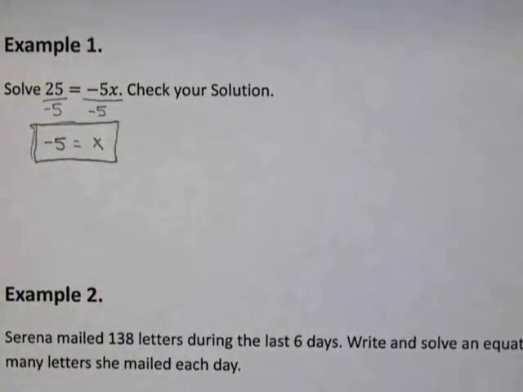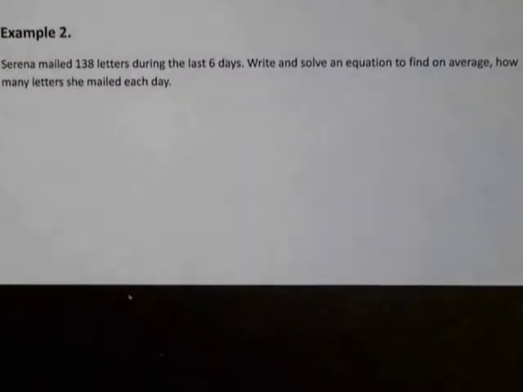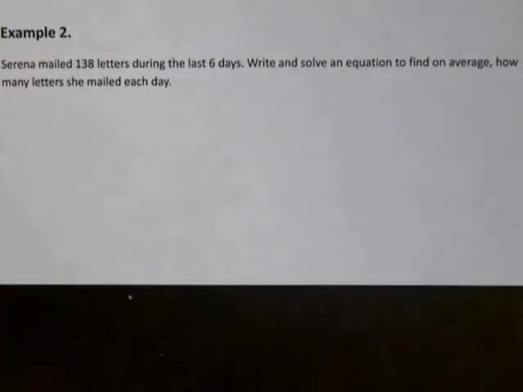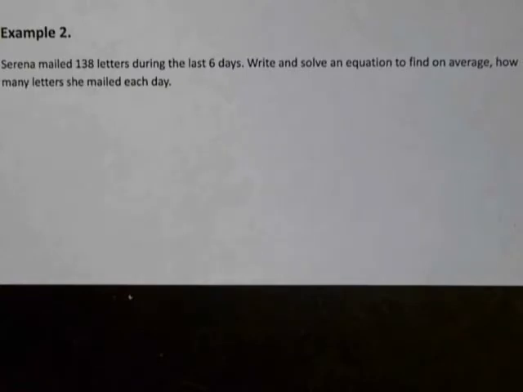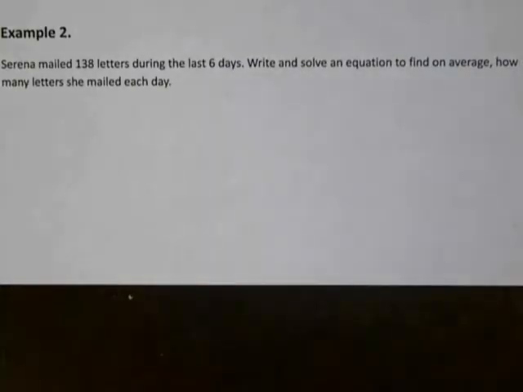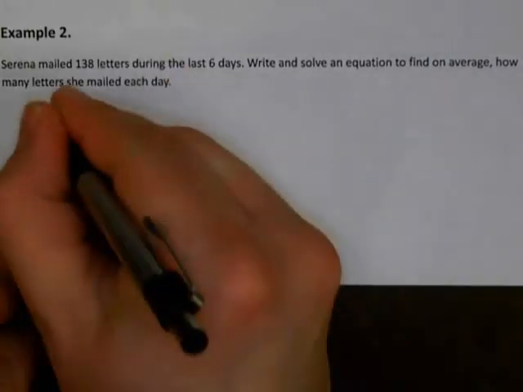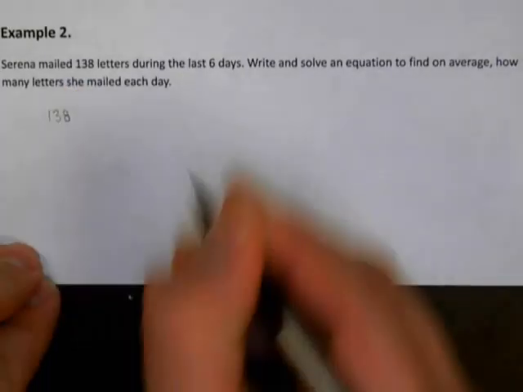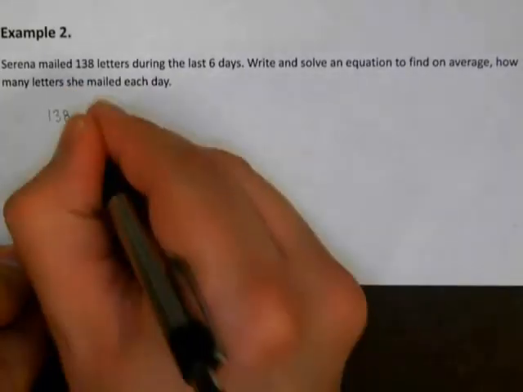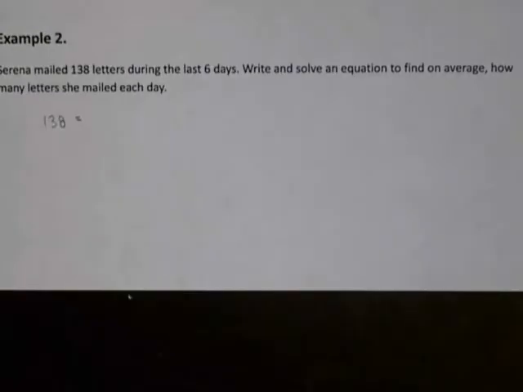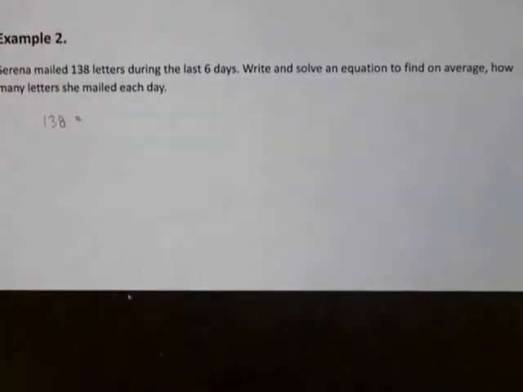Let's do example 2. Example 2 says that Serena mailed 138 letters during the last 6 days. We need to write and solve an equation to find, on average, how many letters she mailed on each day. So we first have to set up an equation. And we know that she sent out 138 letters over those 6 days.